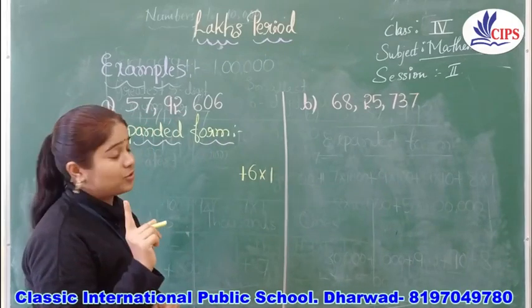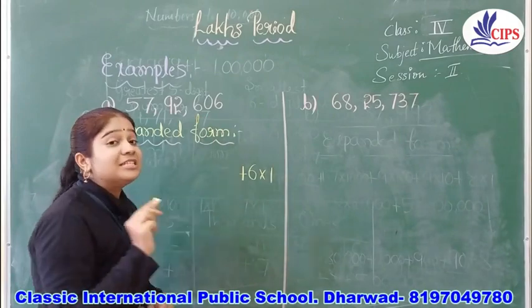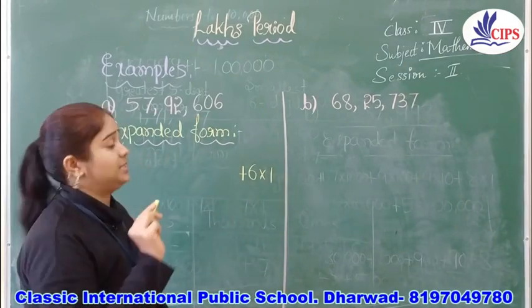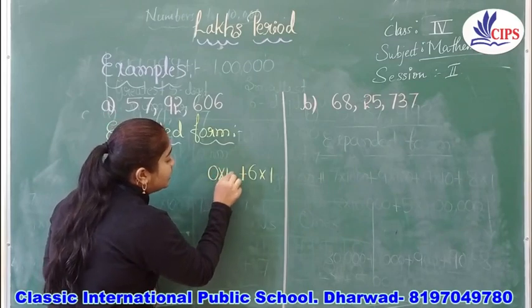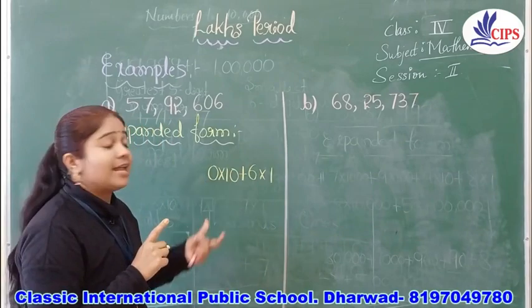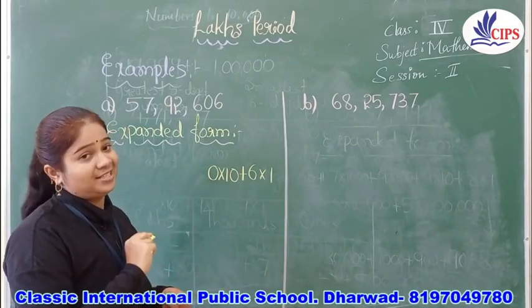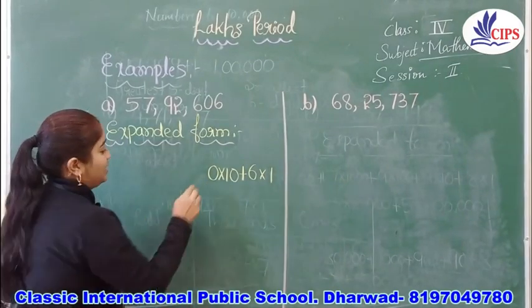Plus 0 is there. I will ask you some questions about this. Okay. First write this. 0 is in the tens place. Write that: 0 into 10. Already we discussed some special character about 0 in the previous class. We'll ask you some questions about that. Okay. Be alert.